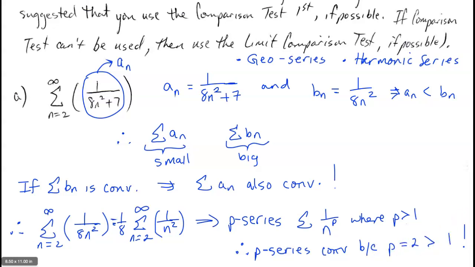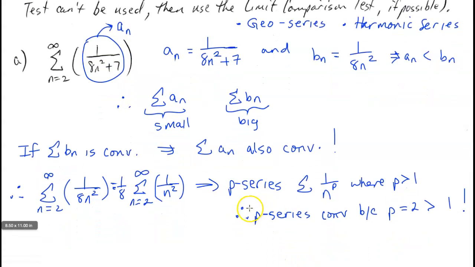Okay. So because of that, what we know as a result is that this particular series here will also converge. We know it converges because, again, it's just 1/8 times a p series. And so we know that this particular series converges. So therefore, this in its original form will converge. And since this is the bigger series, I'll write this here.